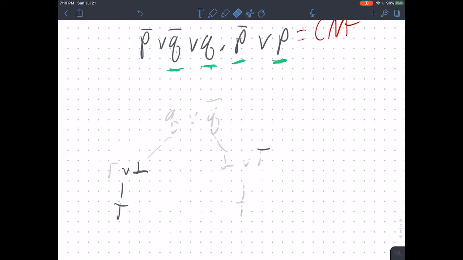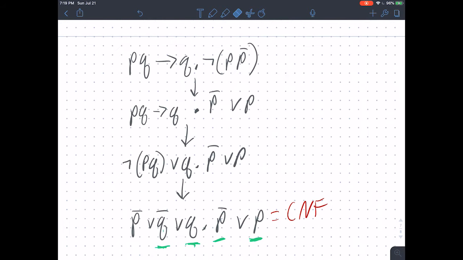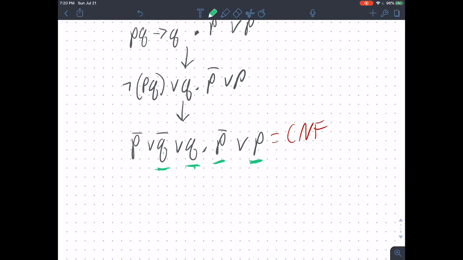What we know about this is that this original schema, because of what it showed up as in conjunctive normal form, has to be valid. And it has to be valid because both of the clauses here contain a single letter and its negation.